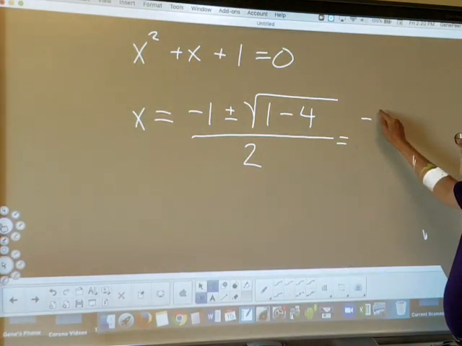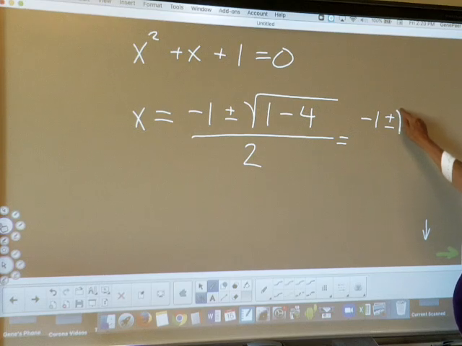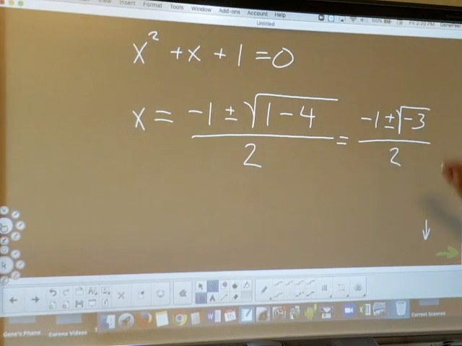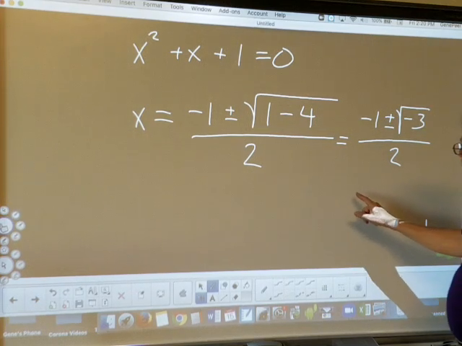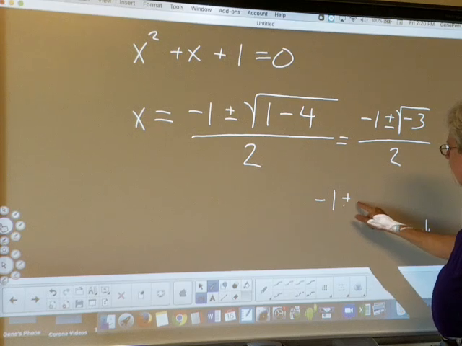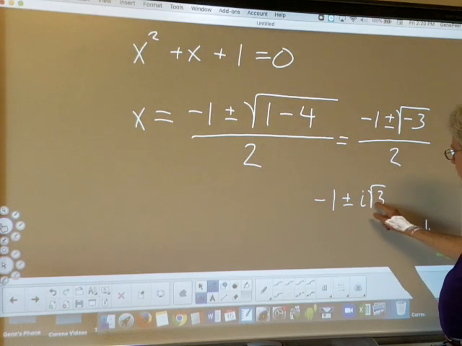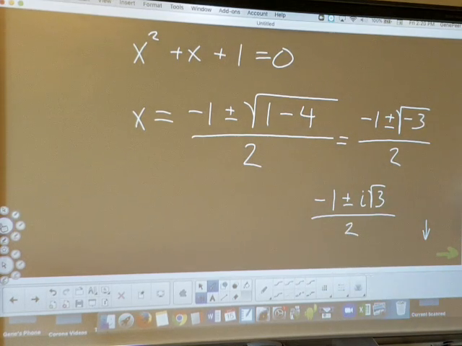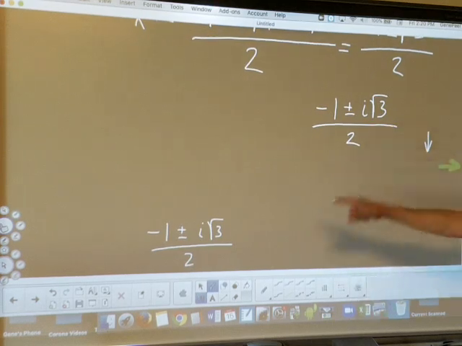We get -1 plus or minus square root of -3 over 2. It's going to be imaginary. Pop the i out, that's expected. Popping the i out, we have -1 plus or minus i square root of 3 over 2, and we are done.